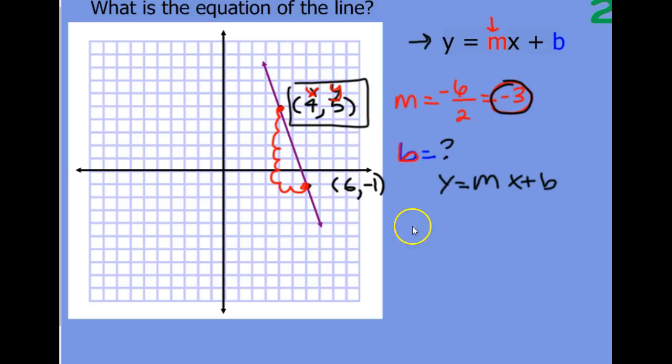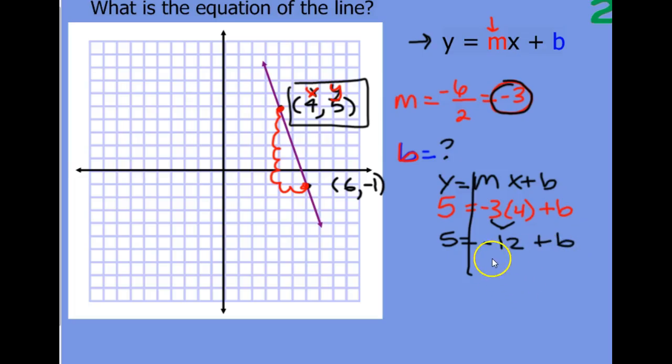So y right here is 5. Our slope is -3 times x, which is 4, and then plus b. So if I solve this, -3 times 4 is -12.